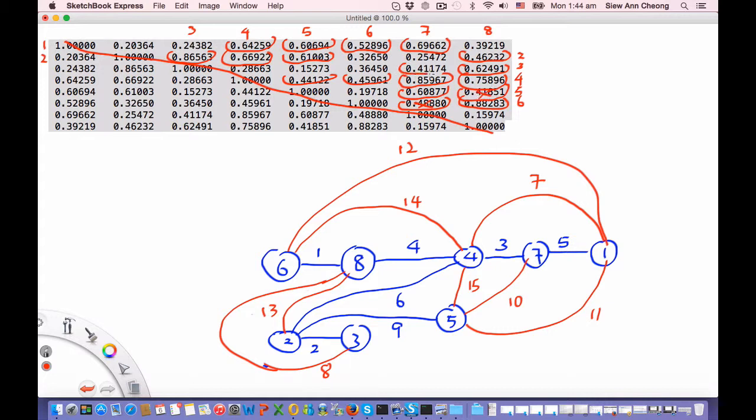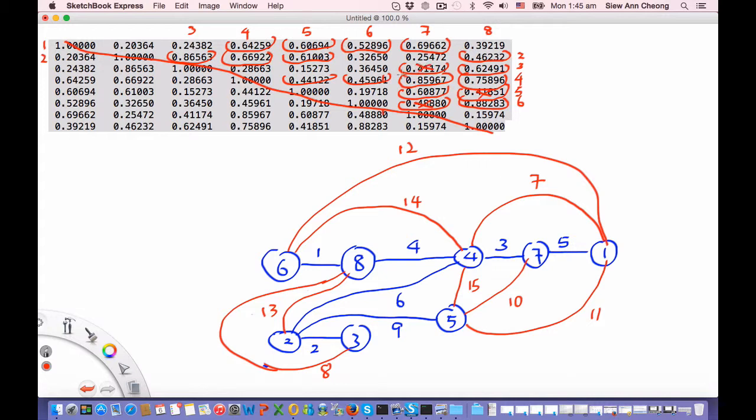And then we go on to 0.41174, between 7 and 3. Again, there is no way 7 and 3 can be connected, so this has to be skipped.